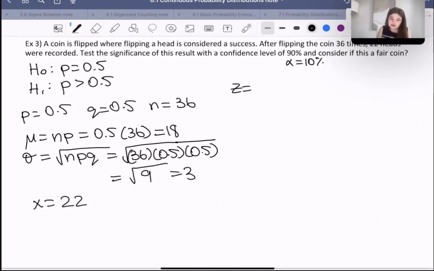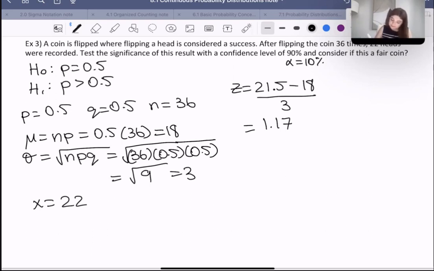So actually, a stronger way to do this would be to say 21.5 rather than 22, minus 18. So that's going to be a little bit stronger. So let's do it that way. Divide by 3 is going to get us 1.17 for our Z score.